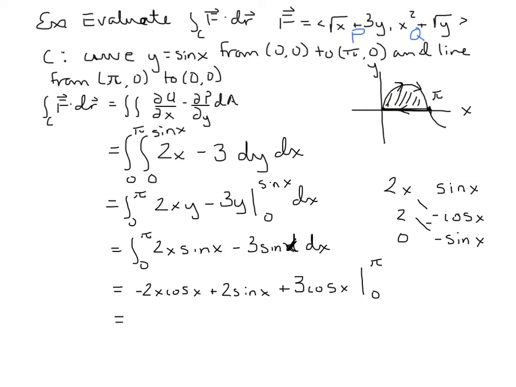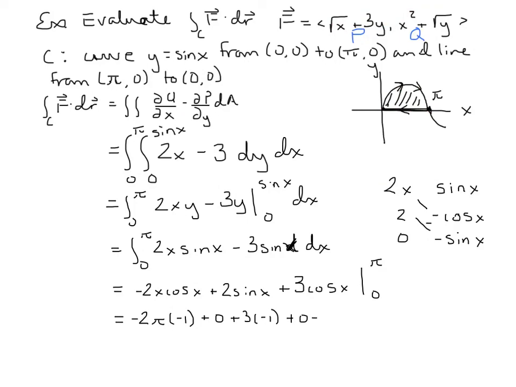Alright, so the first one, I'm going to have negative 2 pi, and then cosine of pi is negative 1. Sine of pi is 0. Cosine of pi is negative 1. Then in this next term I've got a 0, so I'm subtracting because it's a lower bound, a negative 0.